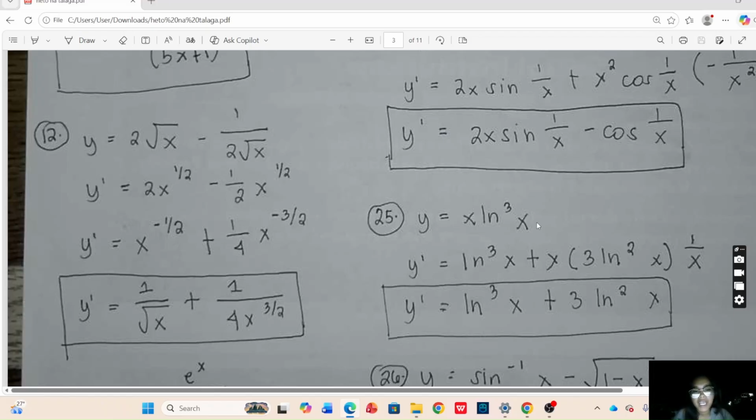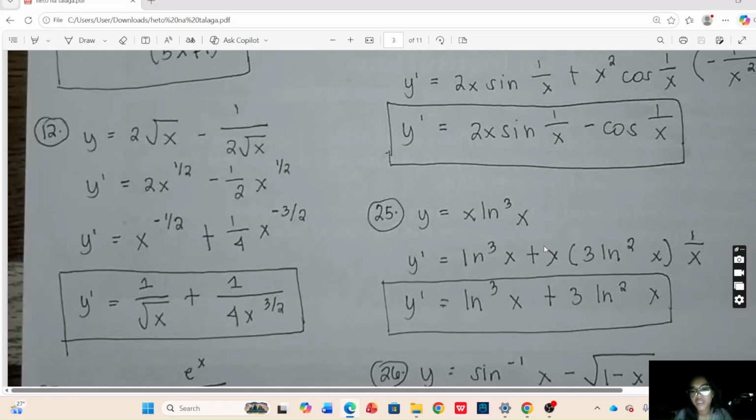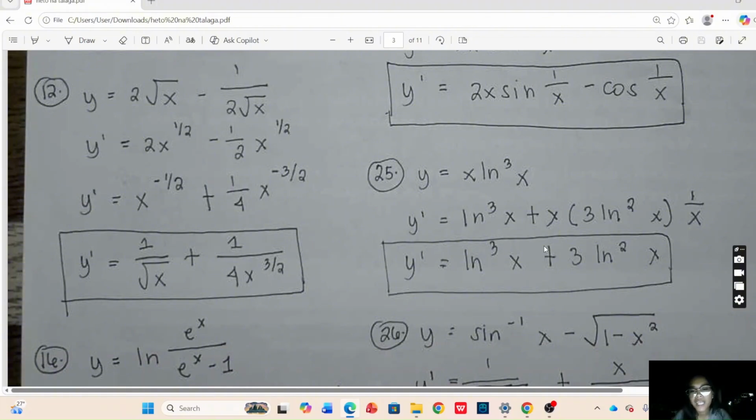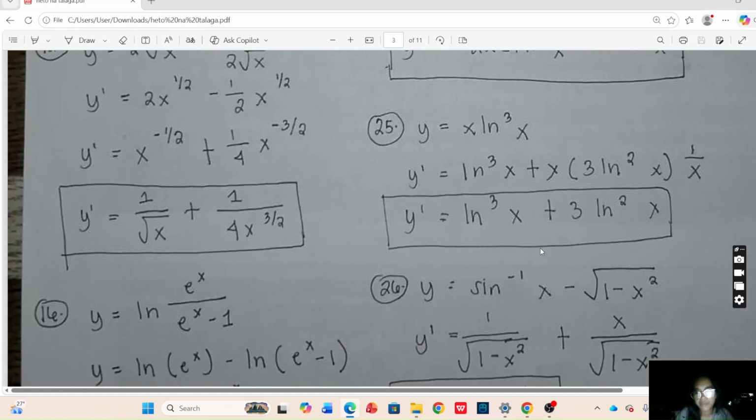So the derivative becomes 3 times the square of natural logarithm x multiplied by 1 over x. And substitute into the product rule formula. And when you simplify, we can obtain the final derivative, which is the cube of natural logarithm x plus 3 times the square of natural logarithm x.